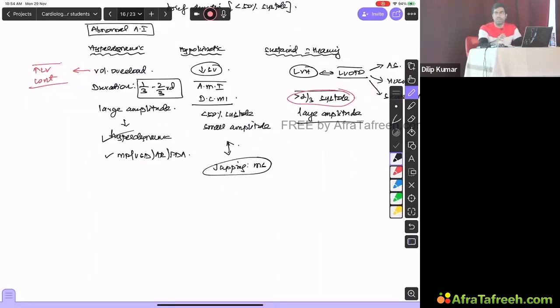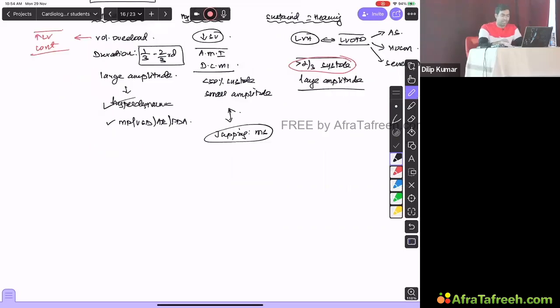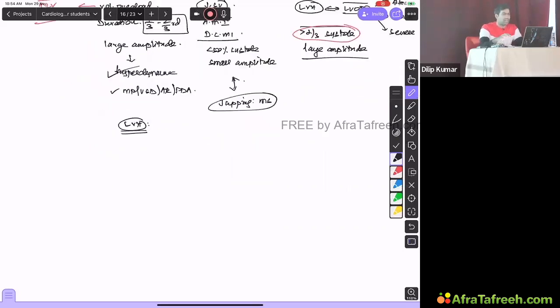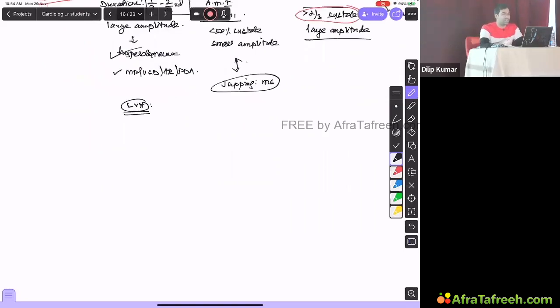Based on the apical impulse, can you define left ventricular hypertrophy? What are the definitions of LVH based on apical impulse itself? As I told you, one definition already: if the apical impulse is beyond 10 centimeters from the mid-sternal line.